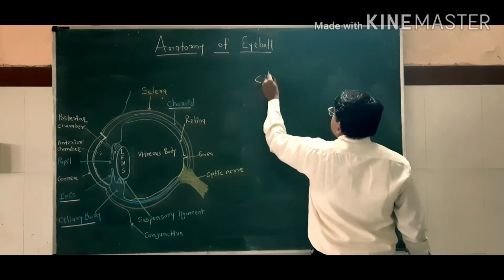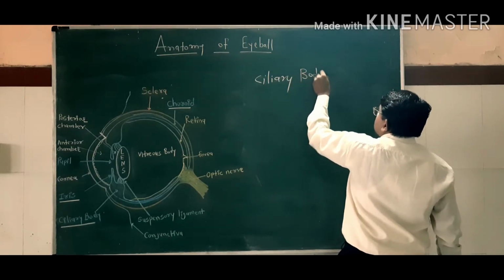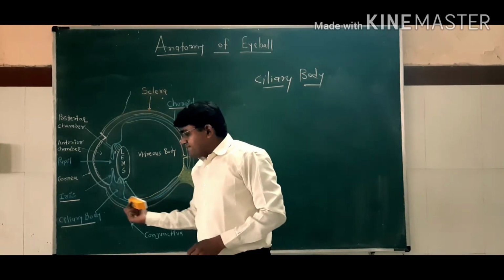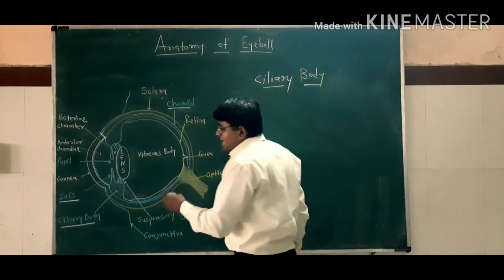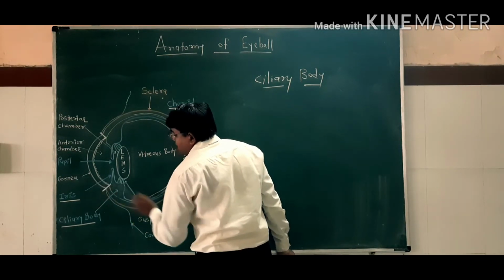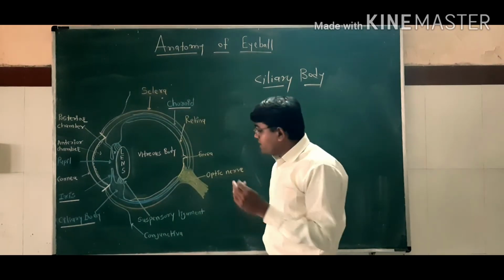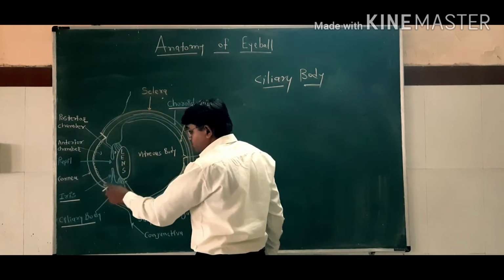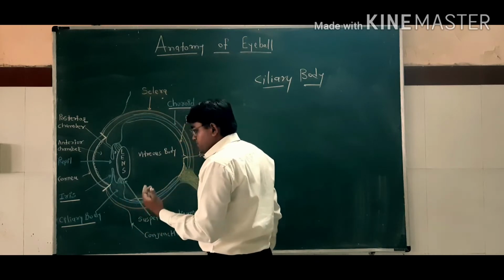Now the ciliary body. It is a dilated part of the uveal tract and it lies just posterior to the corneal limbus. What is the limbus? We discussed in the previous video that the limbus is the junction of the sclera and cornea. So the sclerocorneal junction is known as the limbus.